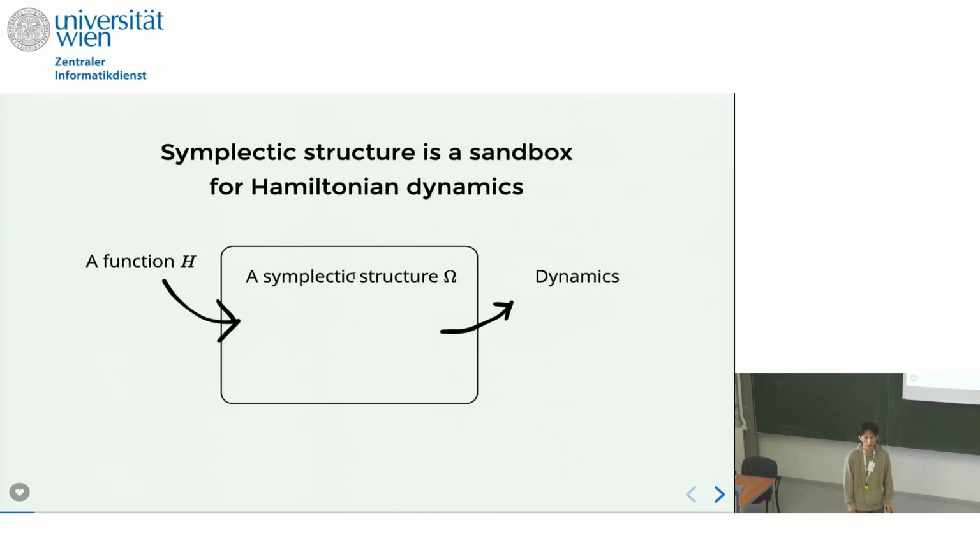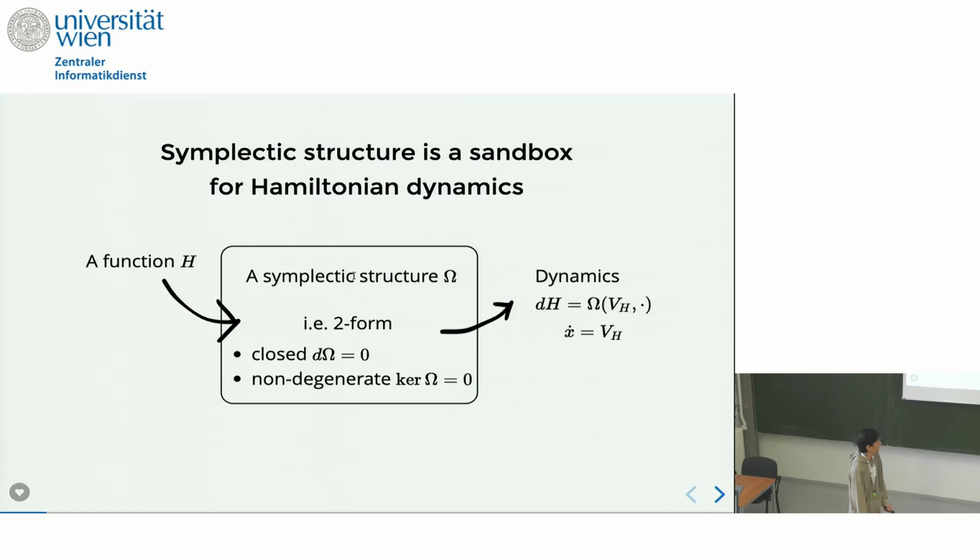And probably you already know what a symplectic structure is. I'll share here my understanding of it. A symplectic structure is kind of a sandbox for Hamiltonian dynamics, in a way that you can just give a function, the Hamiltonian H, and then this symplectic structure omega produces dynamics.